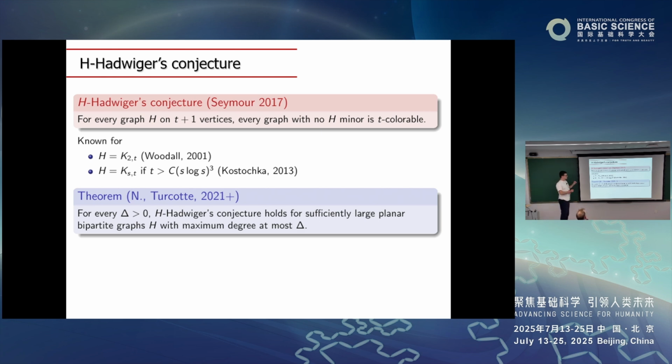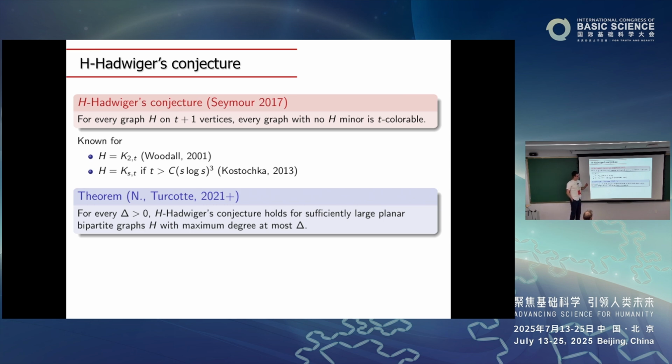We prove that this conjecture holds if the graph that you are excluding is large, has bounded maximum degree, is bipartite, and is planar. Lots of conditions. But let me explain why this is a meaningful theorem.